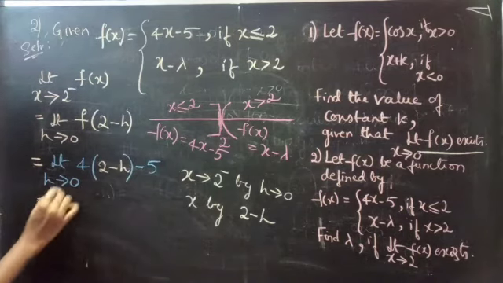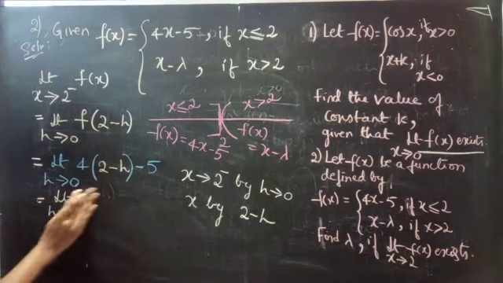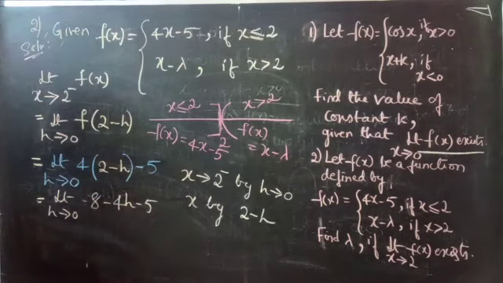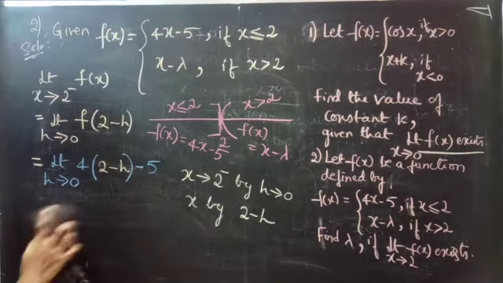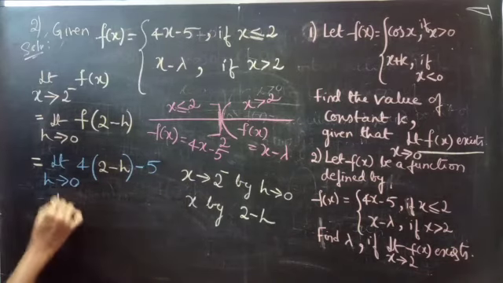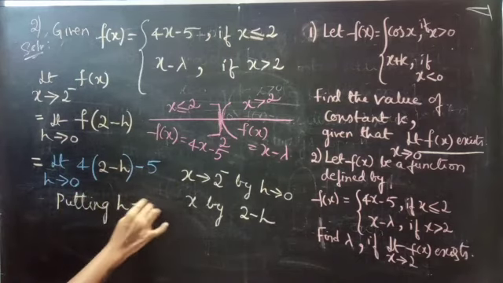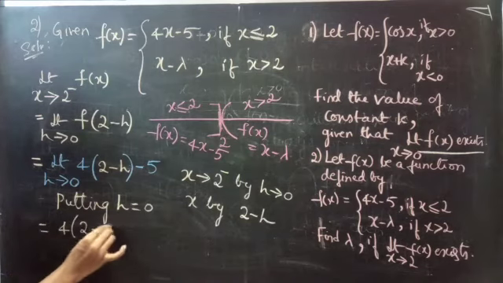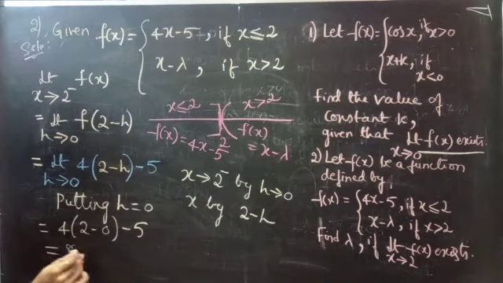So this equals limit h tends to 0, 4 twos are 8 minus 4h minus 5. Now putting h equals 0, you'll get 4 into 2 minus 0 minus 5. So this equals 4 twos are 8 minus 0 minus 5.